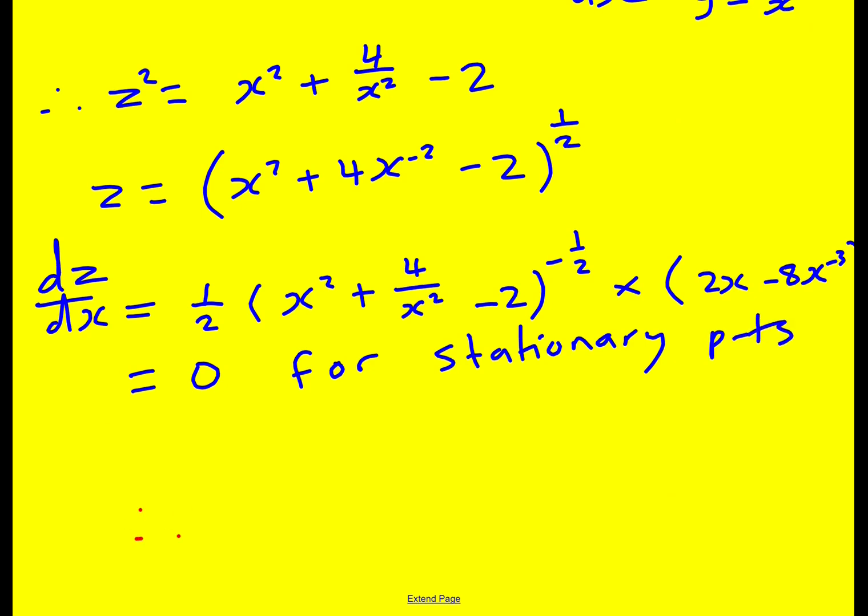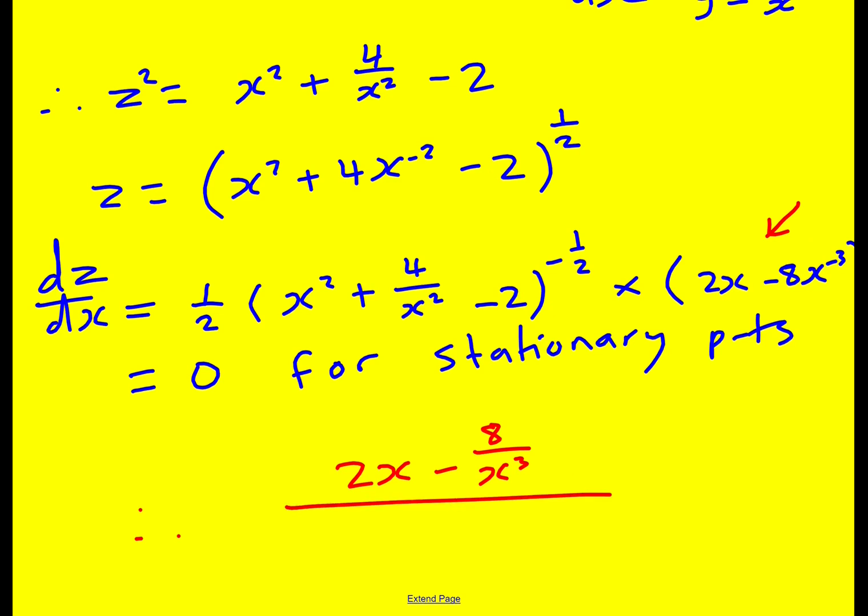So therefore, I just want to kind of tidy this up a little bit. It's going to be 2x minus 8 over x cubed. I've just taken this part because this is on top.